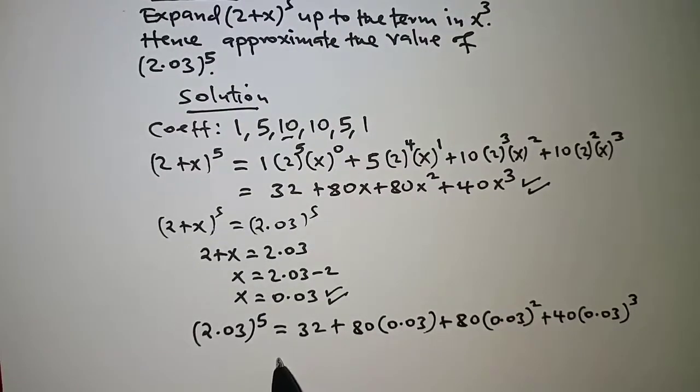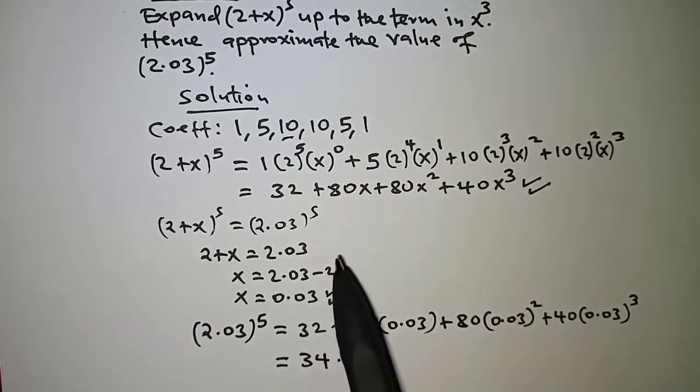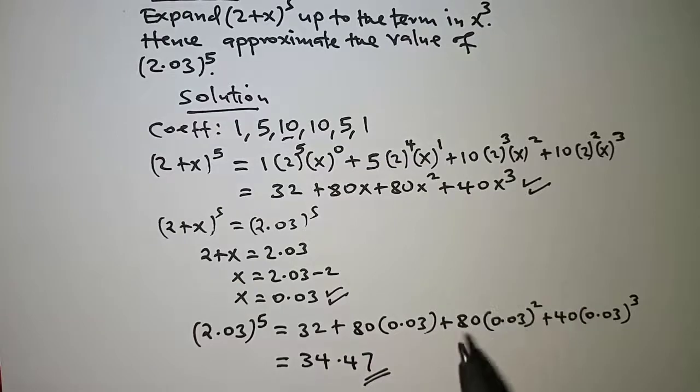So when this is worked out, we are going to have 34.47. So finally, we have approximated 2.03 to the power 5 using our previous expansion.